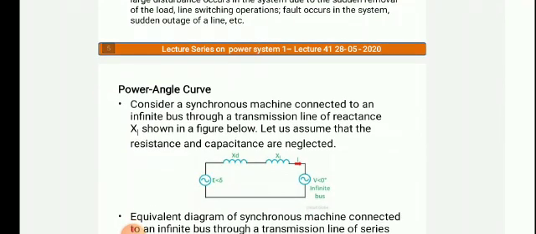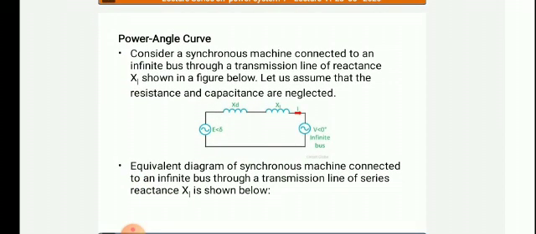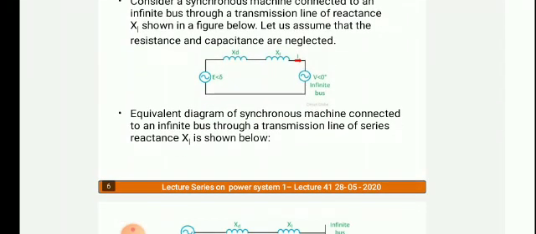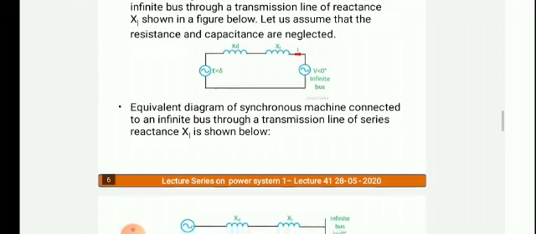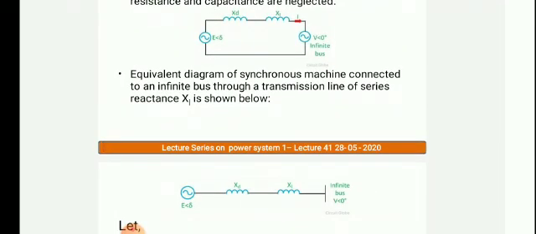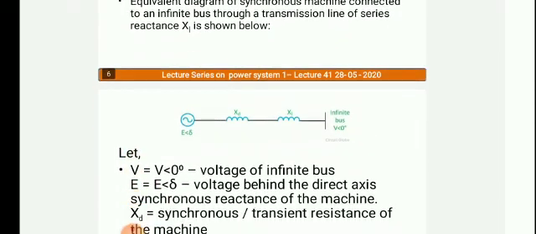Coming to the power angle curve, let us consider the power equation of a synchronous machine connected to an infinite bus through a transmission line of reactance XL, as shown in this figure. Assuming that the resistance and capacitance are neglected, the equivalent diagram of the synchronous machine connected to the infinite bus through a transmission line of series reactance is shown here.